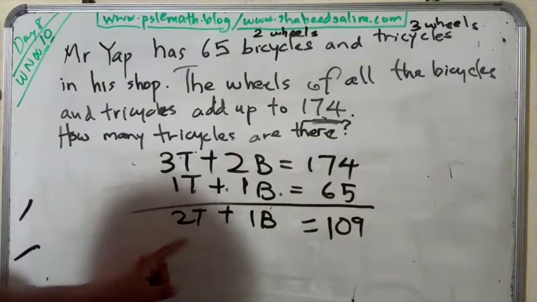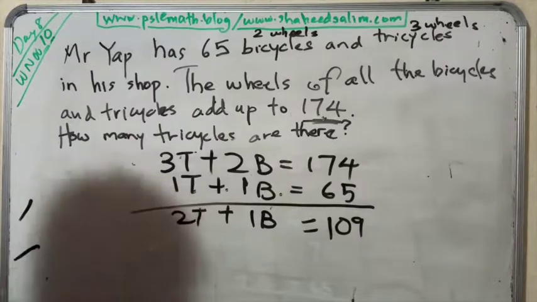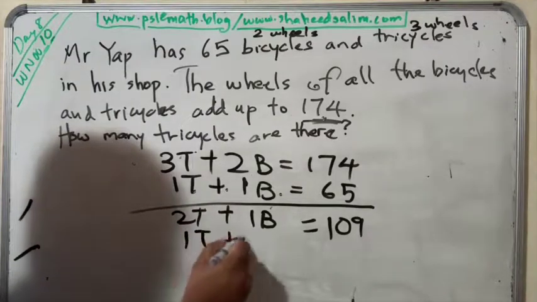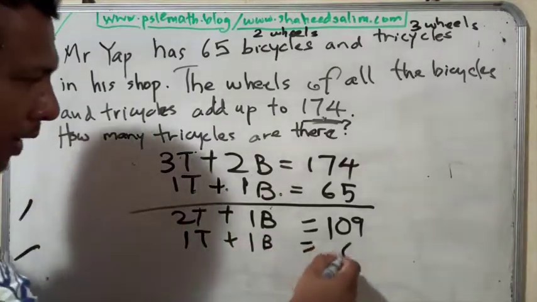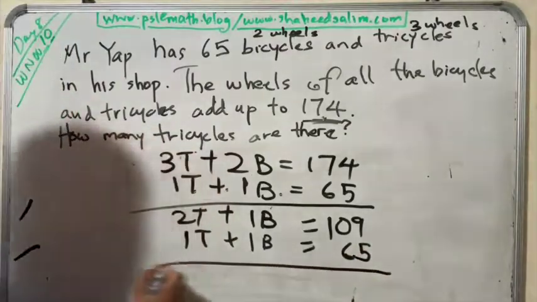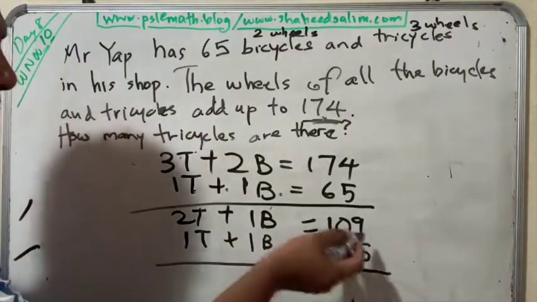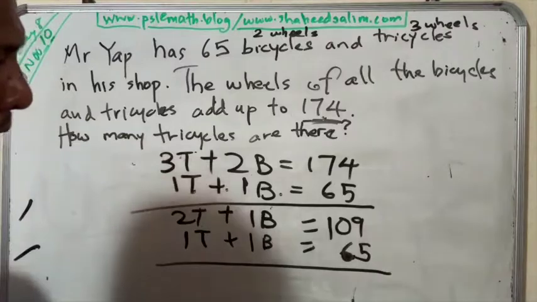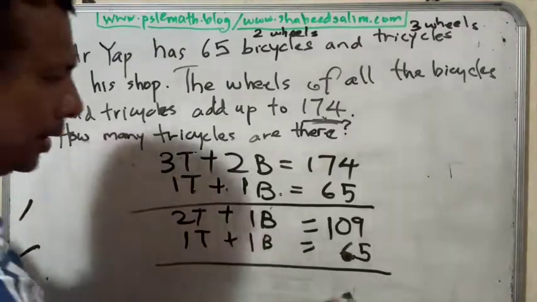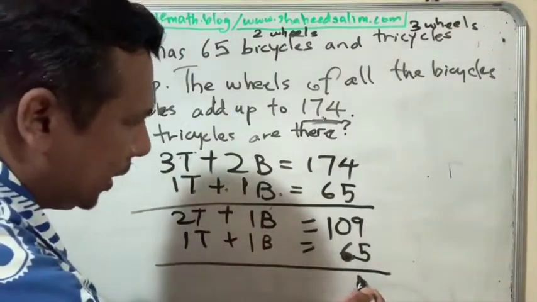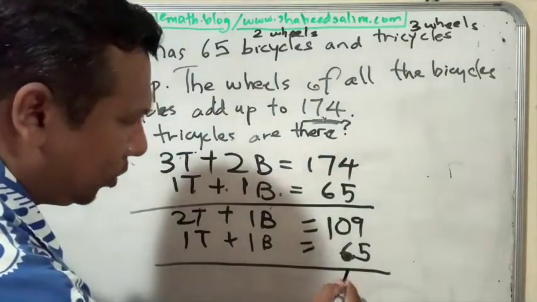Alright, so you get a new equation, but I can minus this again. Let me minus this again. 1t plus 1b equals 65. Watch what happens, alright? 109 minus 65, you get 44.